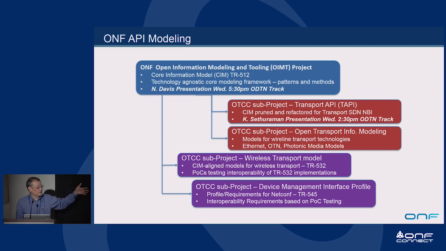Similarly, there's the wireless transport model, and that's again an implementation or an extension of the core information model for a particular technology. And that is being used at the southbound interface. Conceivably, that same information might be useful at the northbound interface as well.